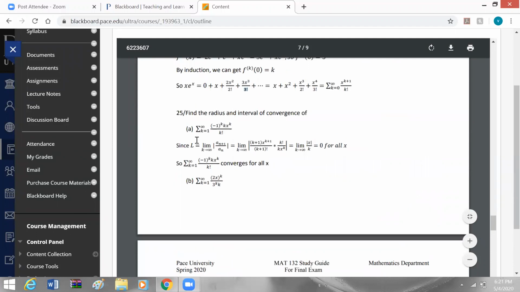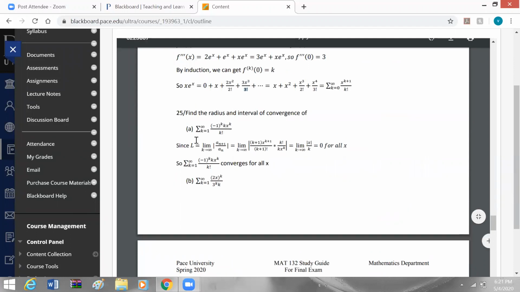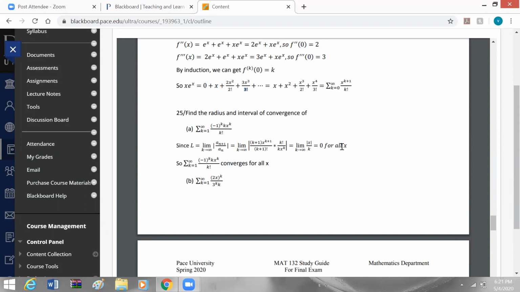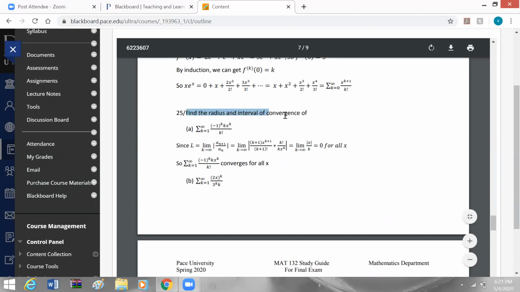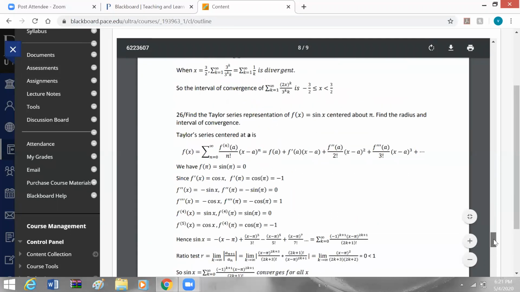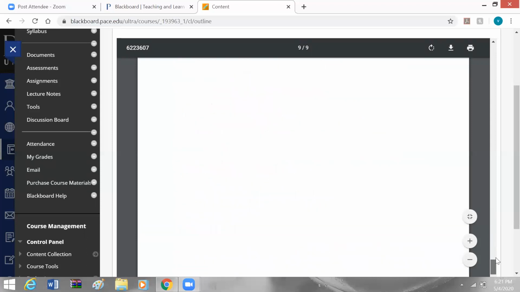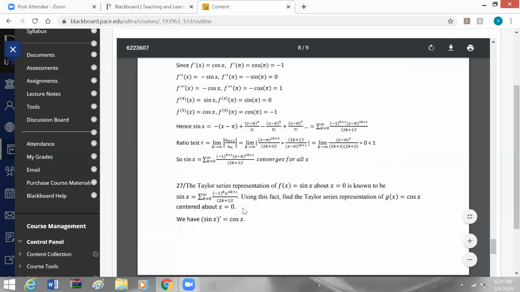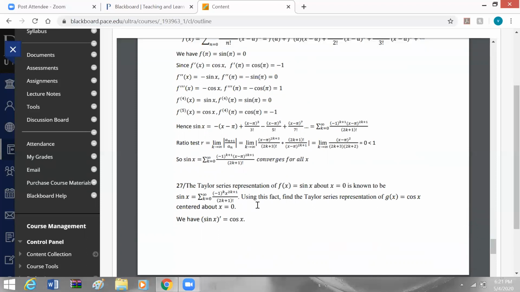And so today we're going to work on the rest of the questions. We want to find the radius and interval of convergence. And also we're going to use that condition to solve for another series, the Taylor series representation of g of x.